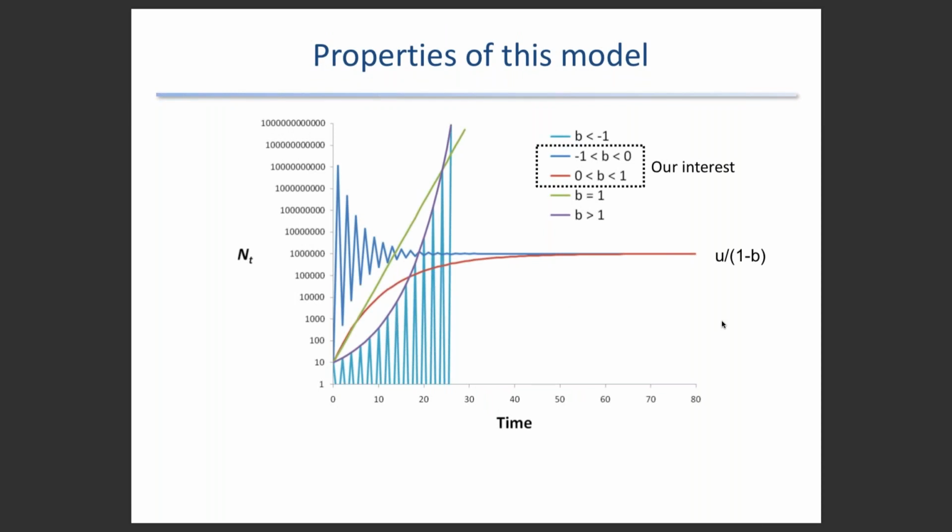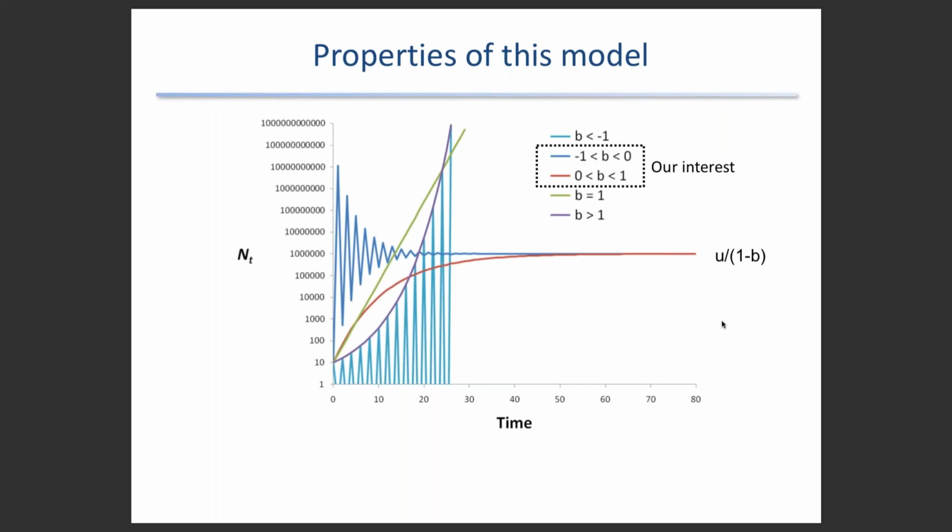We're interested in this region here, particularly where b is between 0 and 1. In that case, there's an equilibrium here, and if you start away from the equilibrium, it'll go up towards that equilibrium. If b were between 0 and negative 1, it would still go towards the equilibrium, but it does it with a 1-point cycle like that.